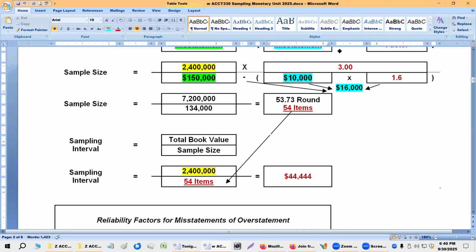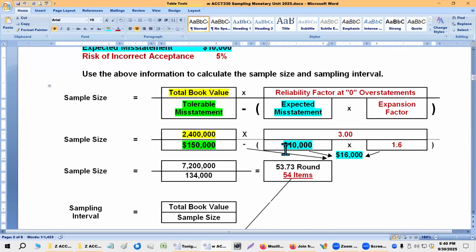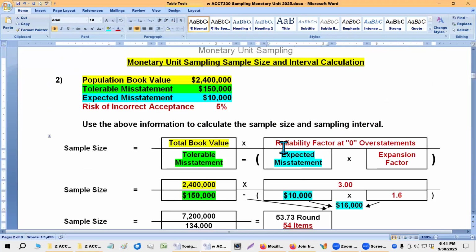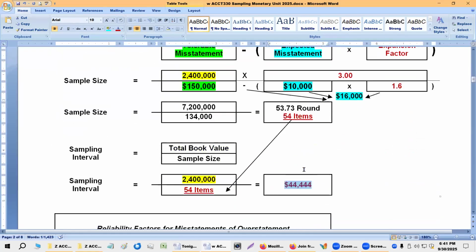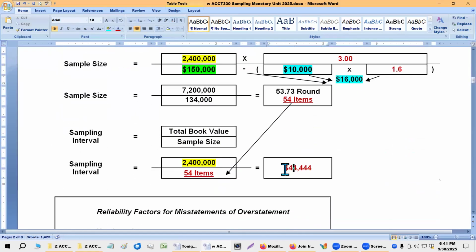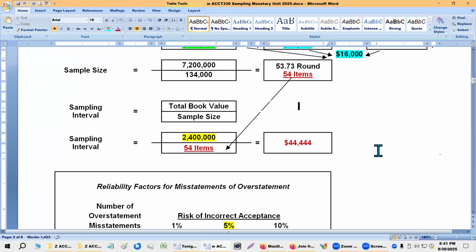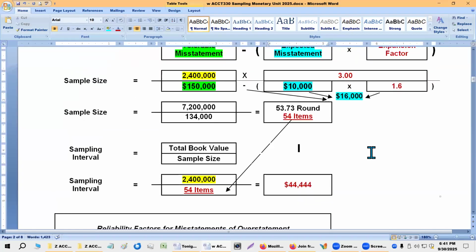And if the client ever, what are these anyways? Whatever they are, if they're, for instance, accounts receivable, if they were to increase in accounts receivable over 44,444, it would 100% be caught. Good for them.